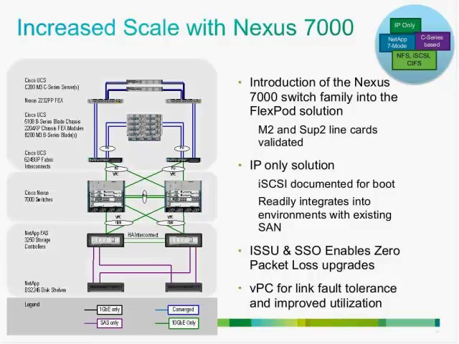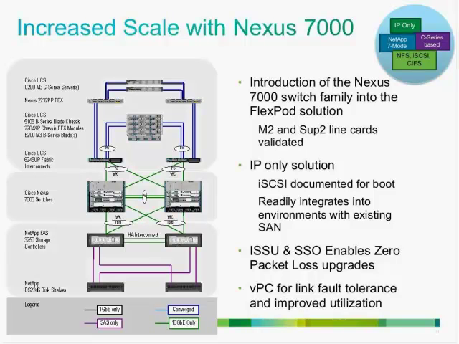When we say Nexus 7000, people think of this massive, big switch which takes up the whole rack, but that's definitely not true. With the introduction of the Nexus 7004, which we use in our validation, it's a relatively smaller box, not too big, and it provides this additional functionality.